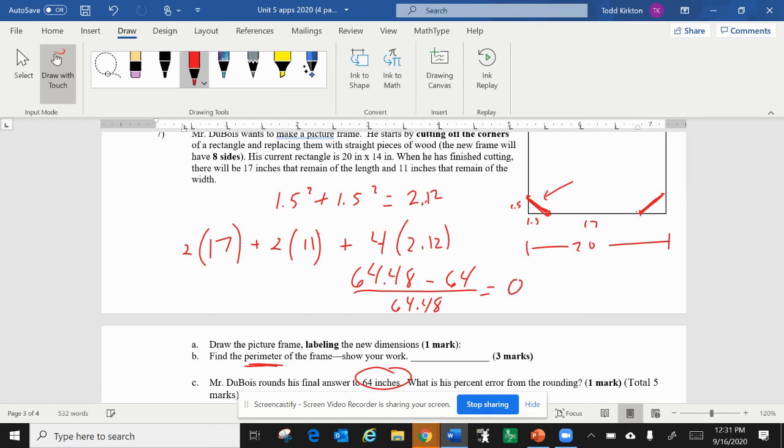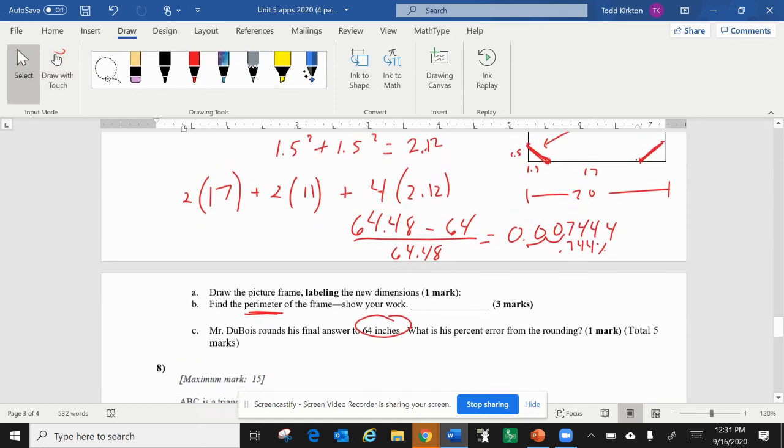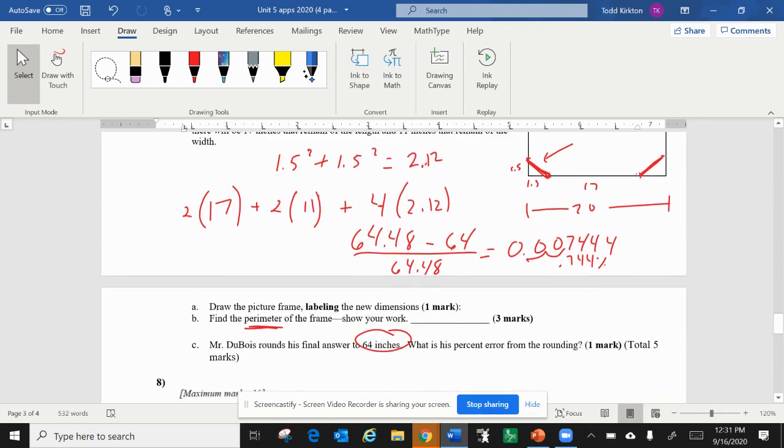You get 0.007444. So it says, what's his percent error from the rounding? We move the decimal over 2 places. That'd be 0.744%. Unless it said round to a different number of sig figs.